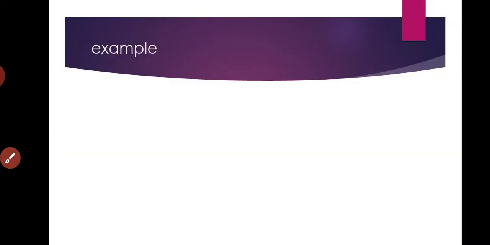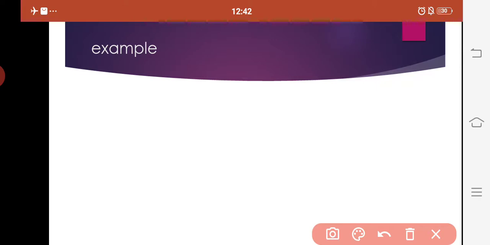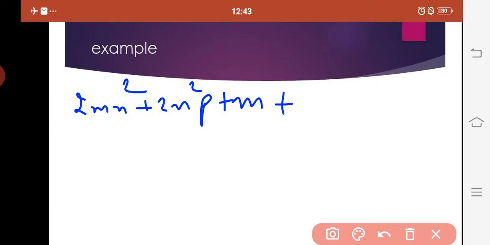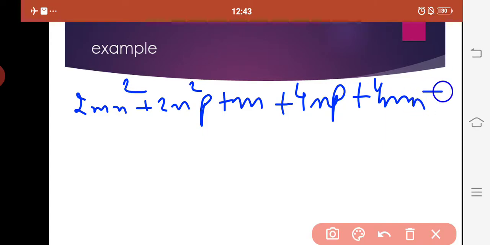Now let us solve one more example. 2mn square plus 2n square p plus m plus 4np plus 4mn plus p. Now here let us first make the groups.